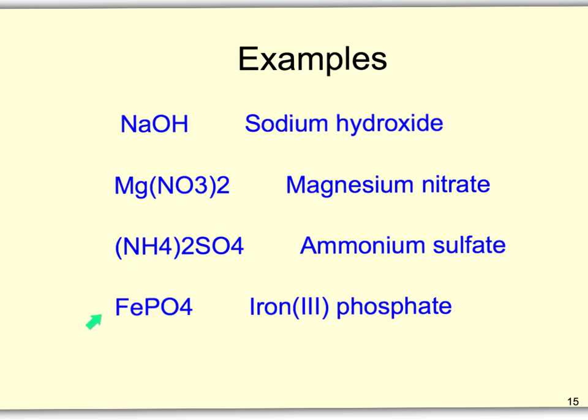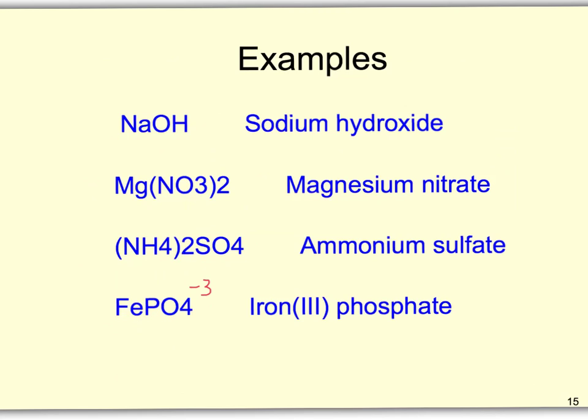Now here we have FePO4. Now Fe is a transition element. So just like with our binary compounds, we will need to include a Roman numeral to indicate its charge. The PO4, when we look at the PO4, that is phosphate. And if we look back at that chart, it had a -3 charge.